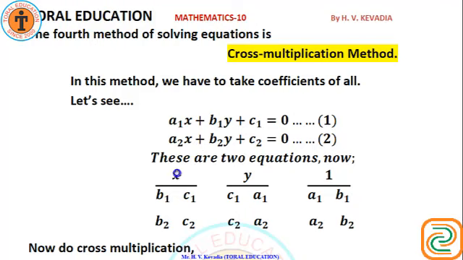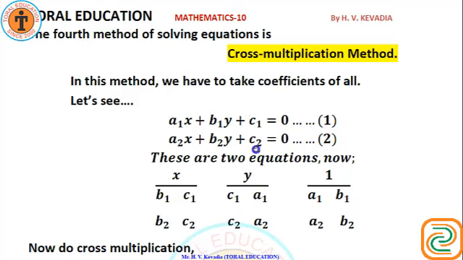When we take x, we should not take coefficients of x. We should take coefficients of y and the constant term, that is b1, b2 here, and c1, c2 here. When we take y, then b1, b2 should not be taken; we take c1, c2 and a1, a2.